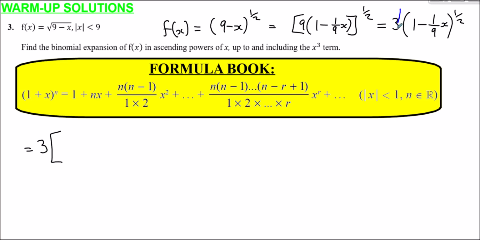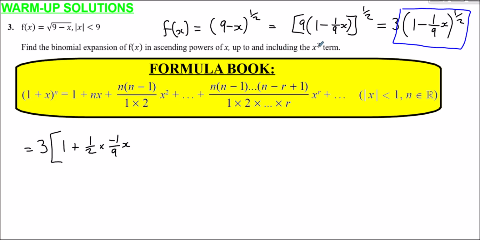All we're going to do now is apply this formula to our 1 minus 1/9 x. So our x is essentially minus 1/9 x in our case. 1 is the first term, plus the power times x, so plus a half multiplied by minus 1/9 x.